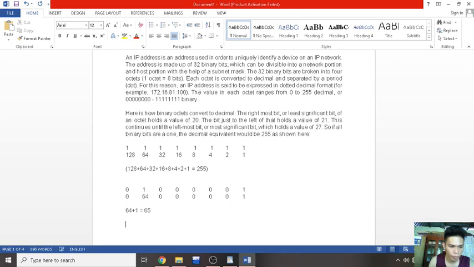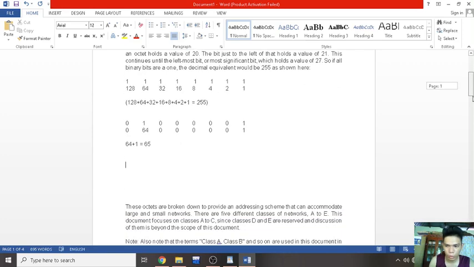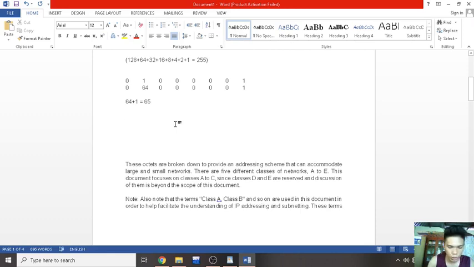Next, we will try converting a decimal address into binary. For example, 10.1.23.19.